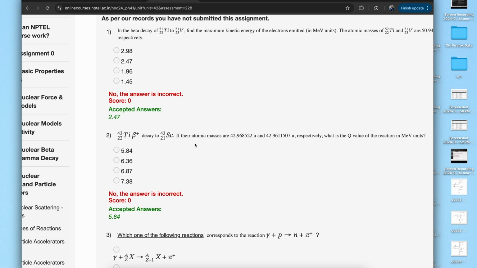So x is the parent nucleus, and y is the daughter nucleus into which it is decaying. So we will write the reaction equation here: titanium goes to scandium plus beta plus. Then what about charge? 22 is equal to 21 plus 22. Wait, this is a beta plus decay, so obviously you will get a positron, right? And then an antineutrino.